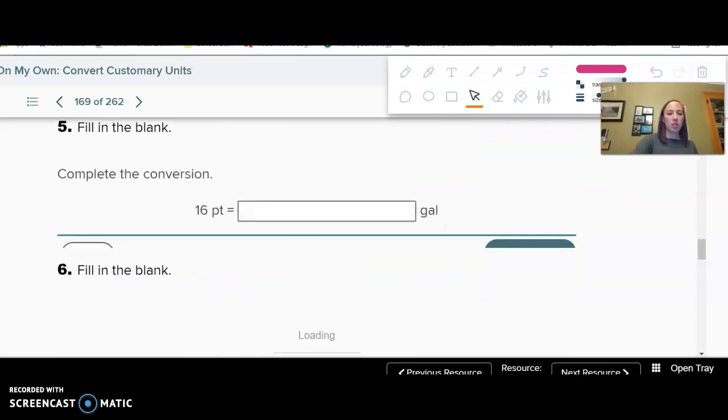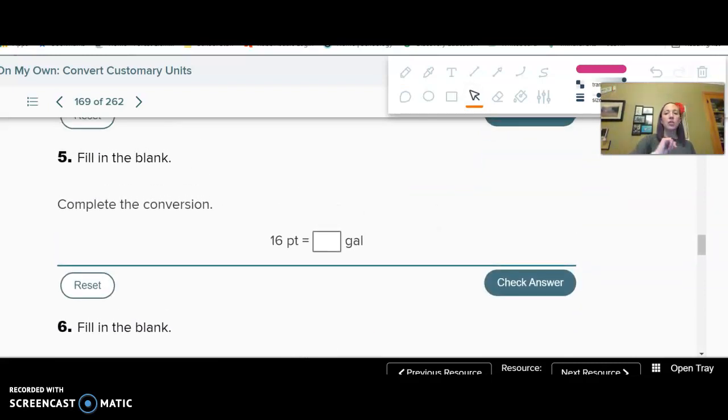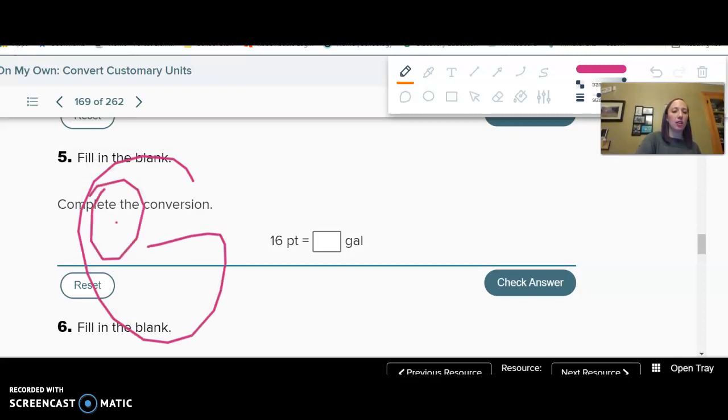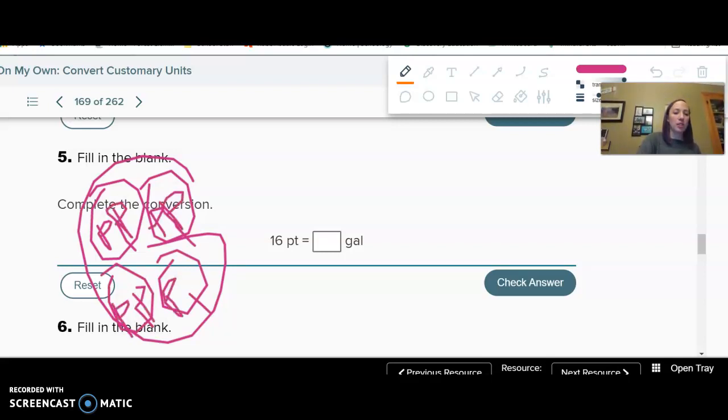All right, we're going to skip tons and pounds. Try using the picture for this one. 16 pints equals how many gallons? All right, did you get it? Well, again, this one's a lot of drawing. If I think about, okay, here's a gallon. Here's my quarts. Okay, 2, 4, 6, 8.